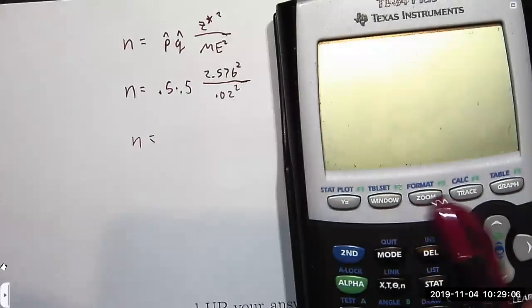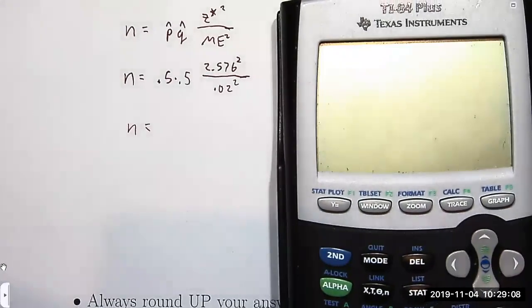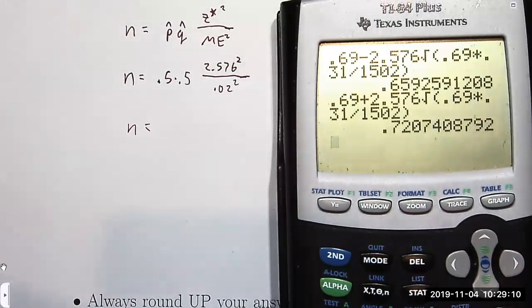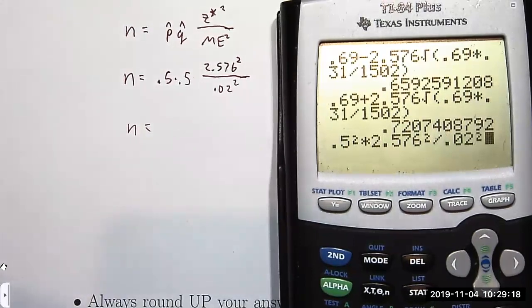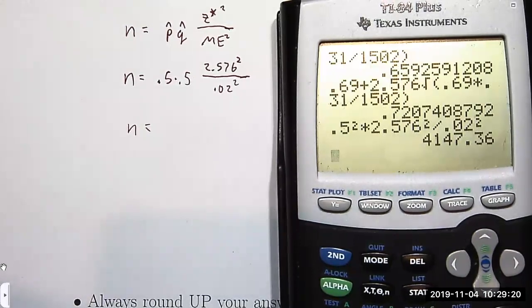All right. So let's type that in here. 0.5 squared times 2.576 squared divided by 0.02 squared. 4,147.36. We round up to be on the conservative side. So it'd be better to have a little bit more precision as opposed to less precision.